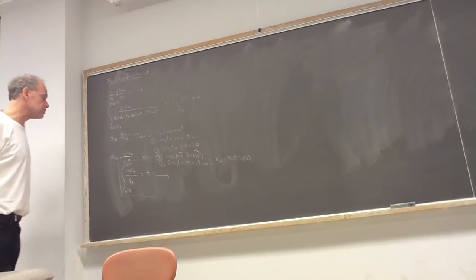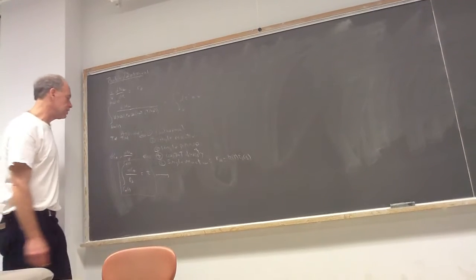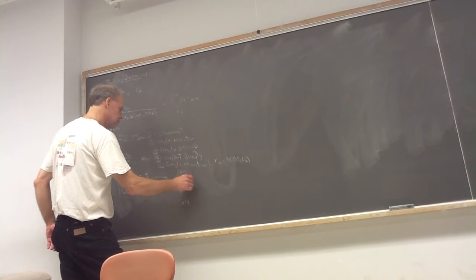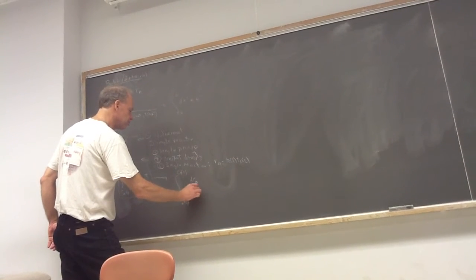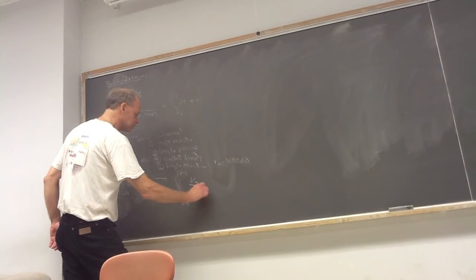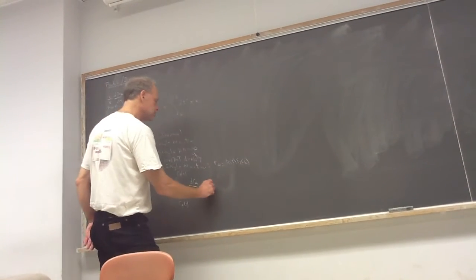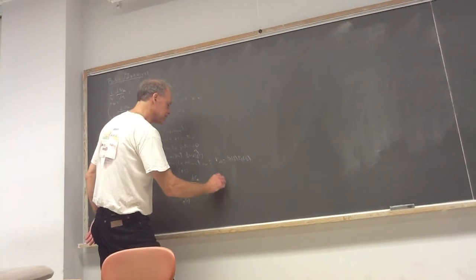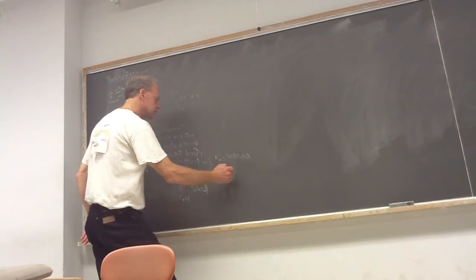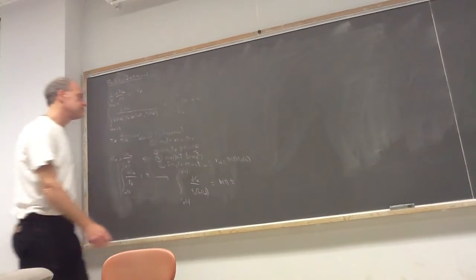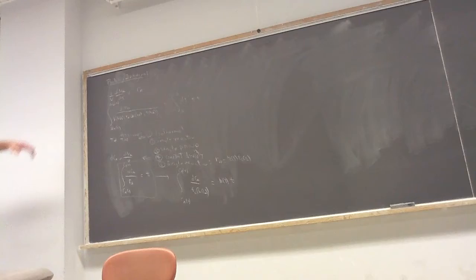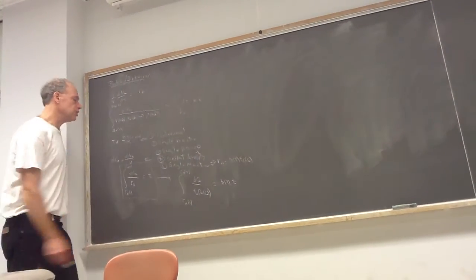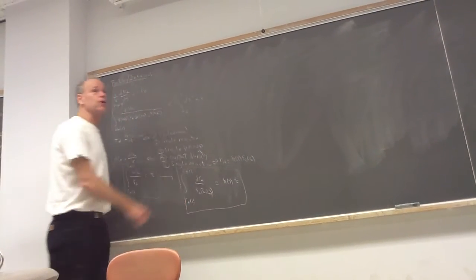But if I only have a single reaction, then RA is K f2 of C. And this becomes the integral from CA of 0 to CA of T, dCA over f2 of C, which hopefully can be written as a function of CA, is equal to K of T times t. So under these 5 assumptions, this is my equation, and in principle, I would now integrate.